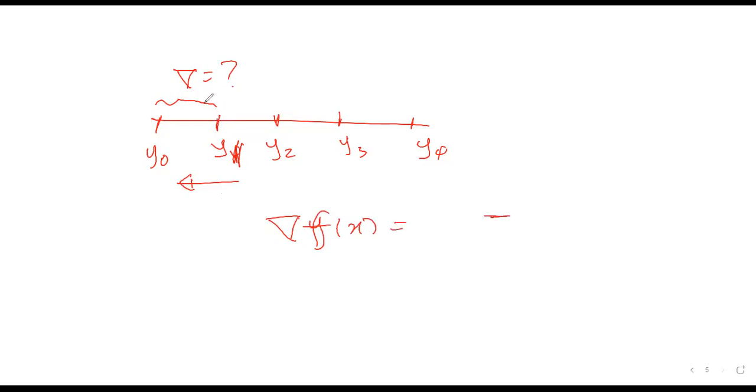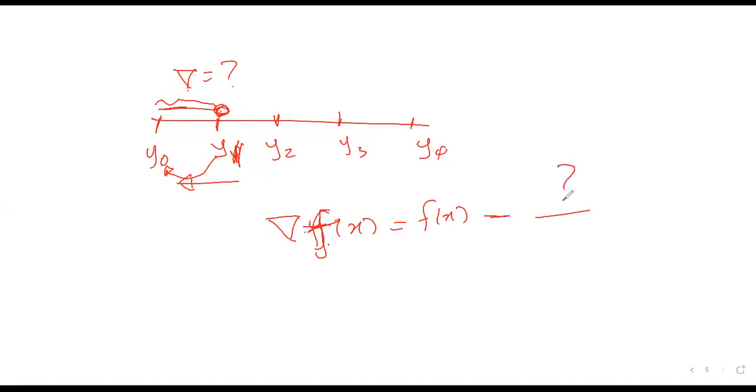So wherever you are taking the nabla, you have to use the backward step. Okay. So if you need nabla of f of x, I need to go from f of x, our function, so nabla of f of x is equal to, let's say this is my f of x.